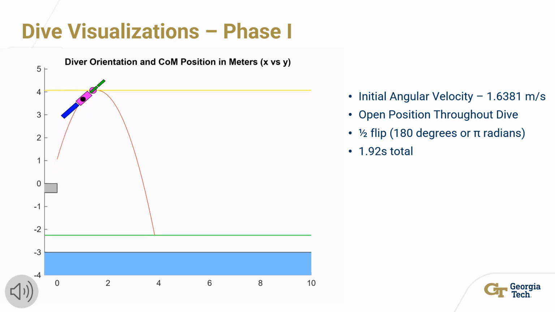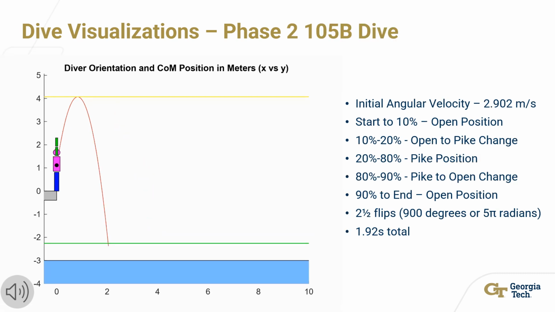Here you can see a real-time visualization of the diver position and orientation in phase 1, as well as all the dive stats on the right. And then here is a visualization of the phase 2 105B dive, which shows the pike position and the transitions. And then you can see stats again on the right.